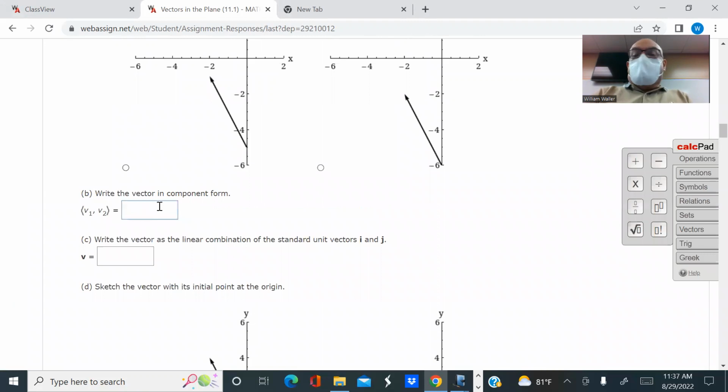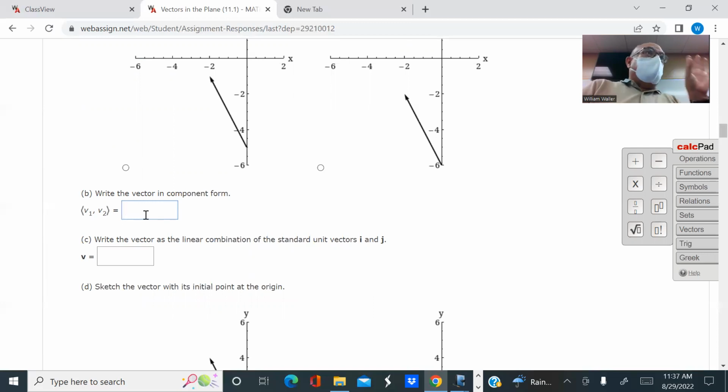Okay, and so let's enter in component form. You do have to include the pointy brackets, because they did not include them in your answer. But you do want to watch out because sometimes in WebAssign, they will include the pointy brackets in the answer, in which case you just have to type in the components. And sometimes they leave the pointy brackets off and you have to type those in.